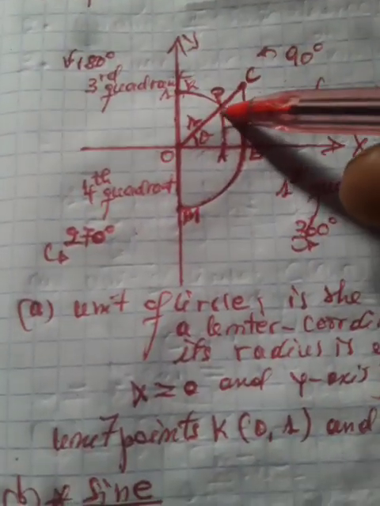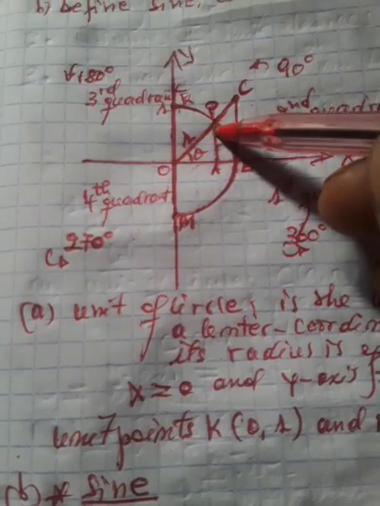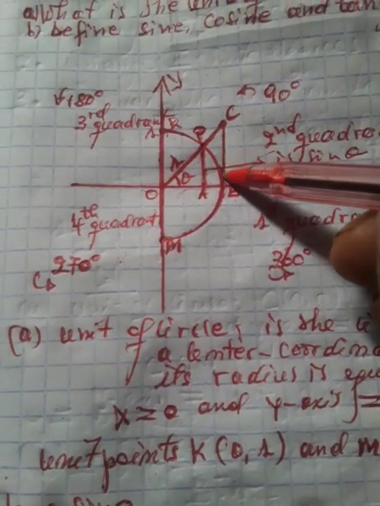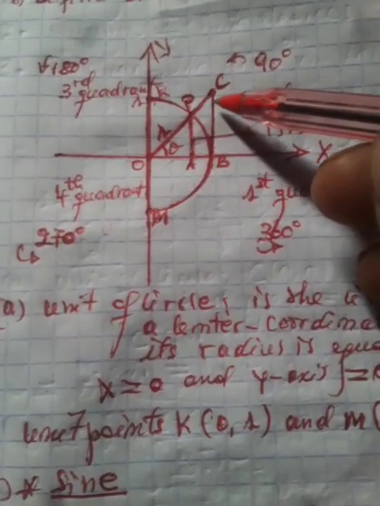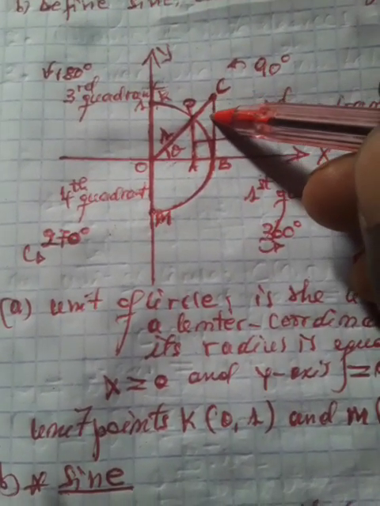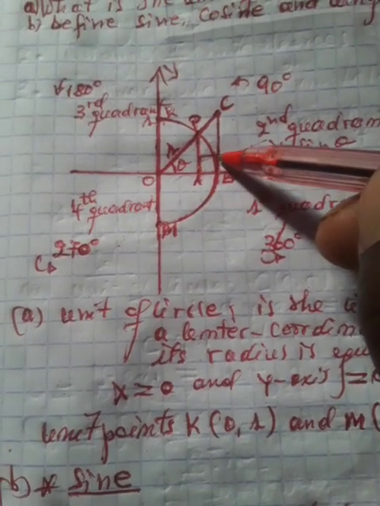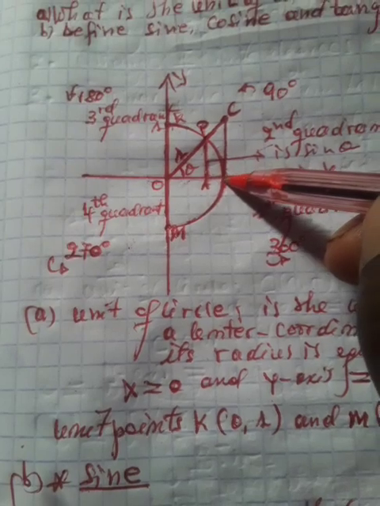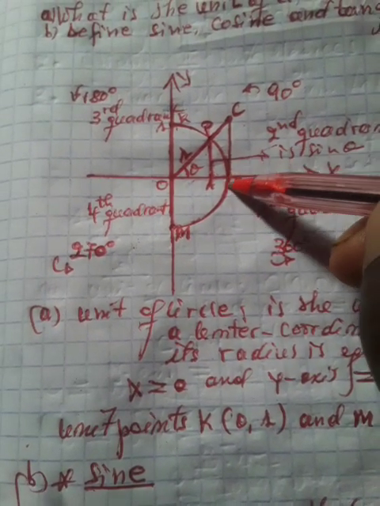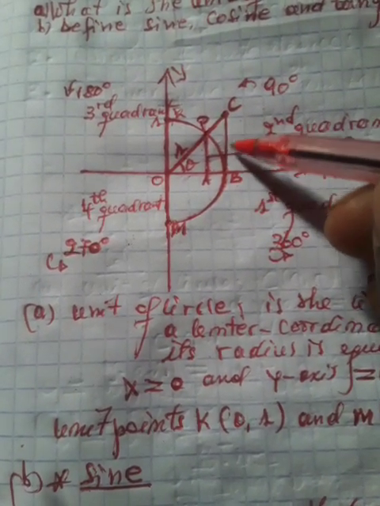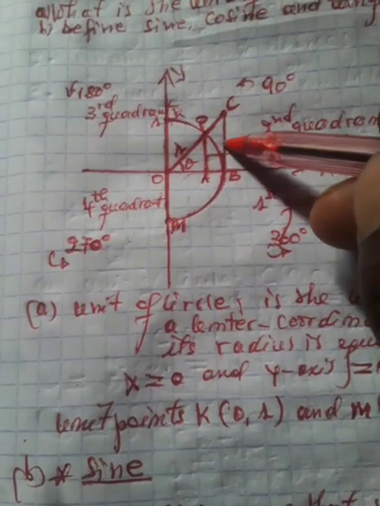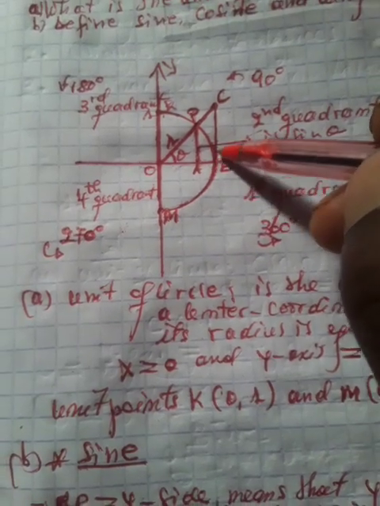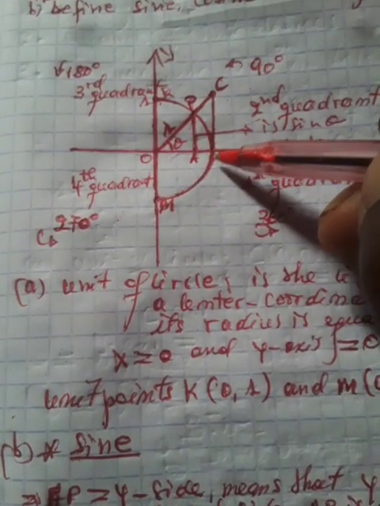Here we have the small opposite side and the big opposite side. A tangent is a straight line that meets the circle, touching the circumference of the circle.